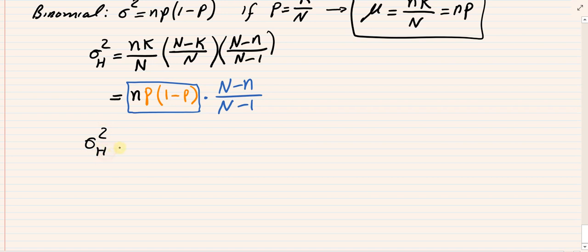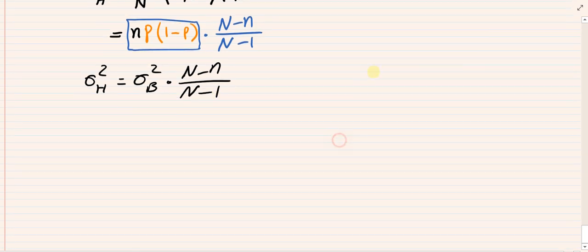So the hypergeometric variance is going to be that of the binomial times a factor (N minus n) over (N minus 1), right? So that's interesting.